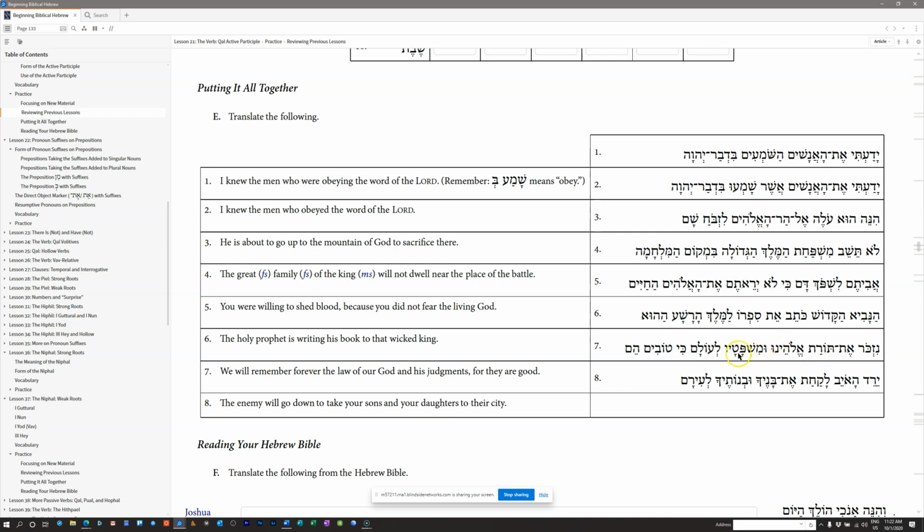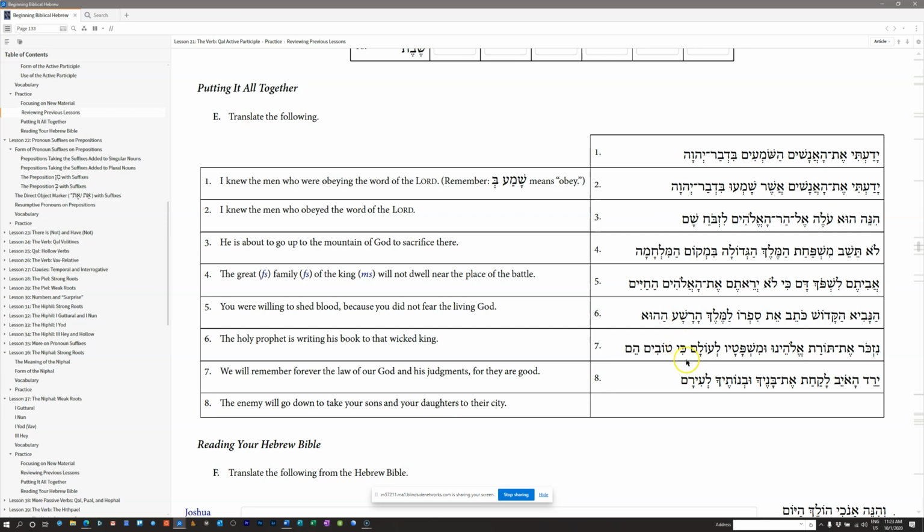And Mishpatav, and so we will remember the instruction of our God and his Mishpatim, his judgments, la'olam, forever, for eternity.